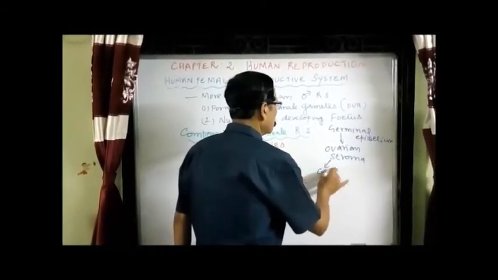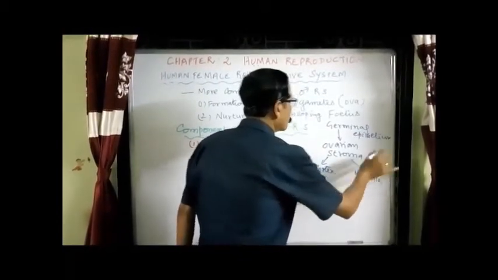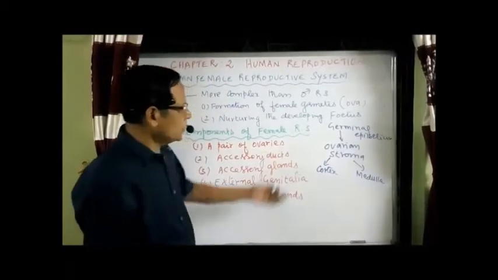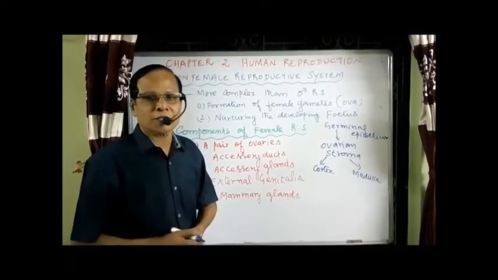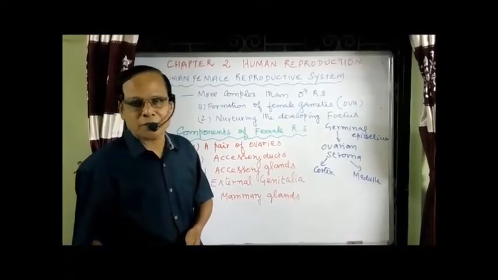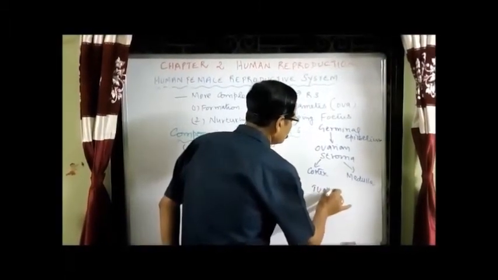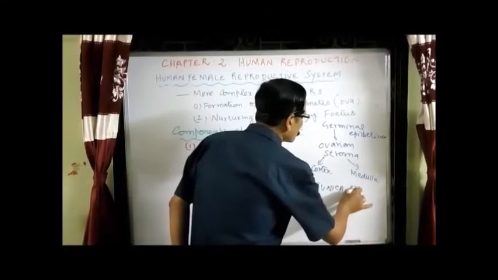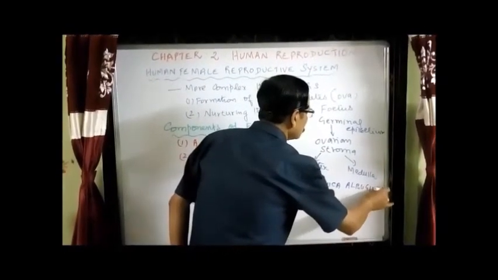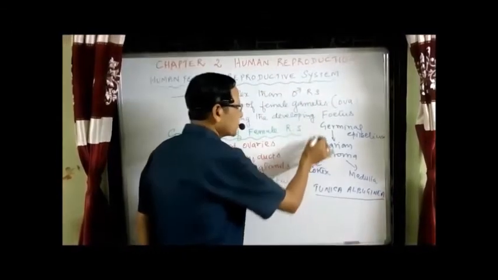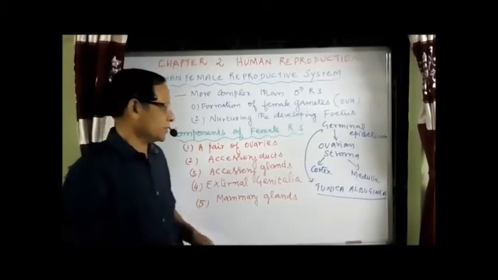Even below the germinal epithelium there is a dense fibrous connective tissue, as in the case of the testis, called tunica albuginea. This is a layer of dense fibrous connective tissue present below the germinal epithelium.